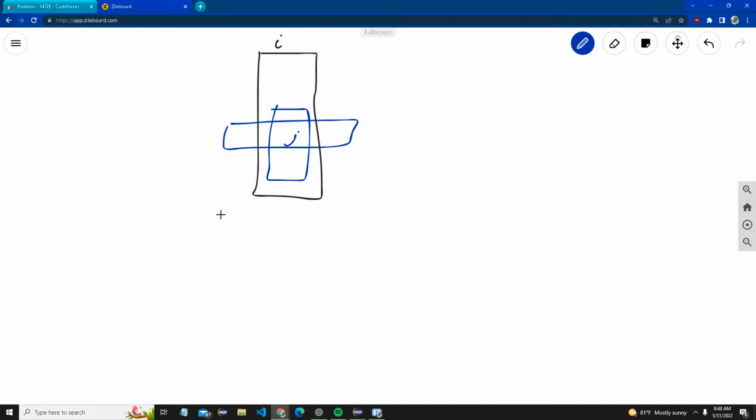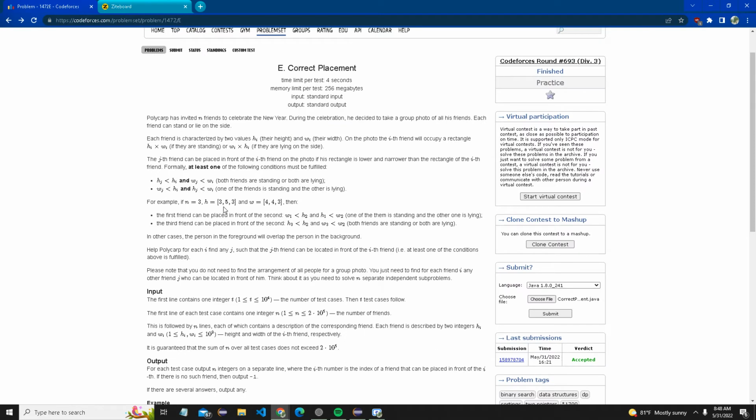So the question now is, when is it optimal to rotate a rectangle? How do you know when to rotate a rectangle? Because n is 10 to the fifth, you can't just do an n squared solution where you take every two rectangles and try every single orientation.